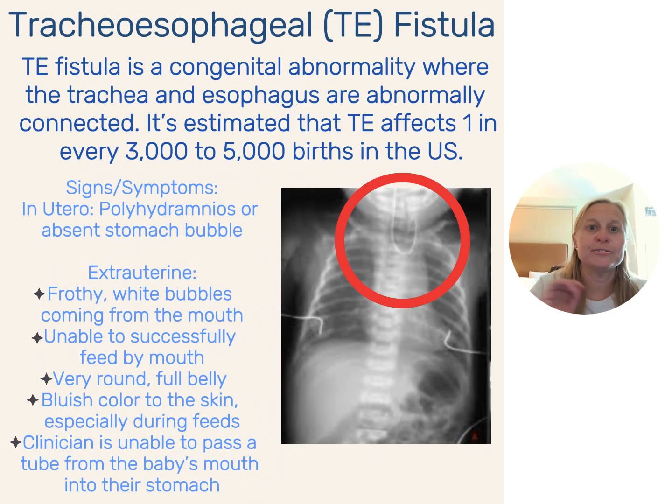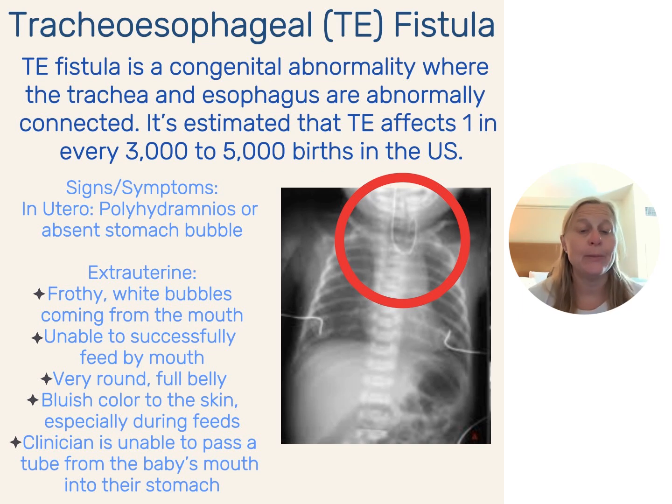The trisomies will be on Thursday. So TE fistula, right, that's a craniofacial in a way, right? We're talking about something at the upper part here. I kind of wanted to start with upper body. I don't know why. Don't ask me my weirdness. But this is where the trachea and the esophagus are abnormally connected. I like to think about this as something that, yes, is congenital.